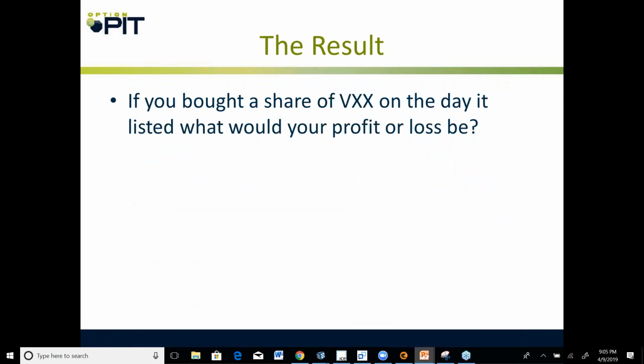So if you had bought the initial VXX, the first VXX, on the day it listed, how much would you be down? The answer, split adjusted, is about $102,000. So someone's commenting VXX is gone. VXX is gone. Then it became VXXB, and VXXB is dropping the B and becoming VXX again.